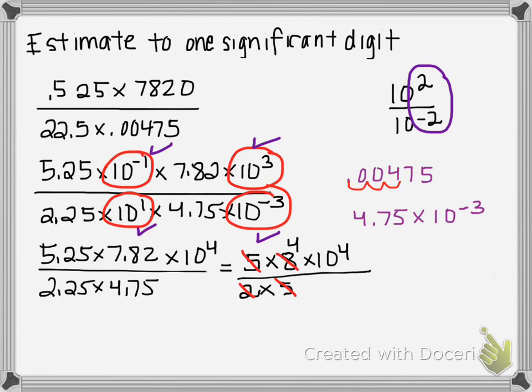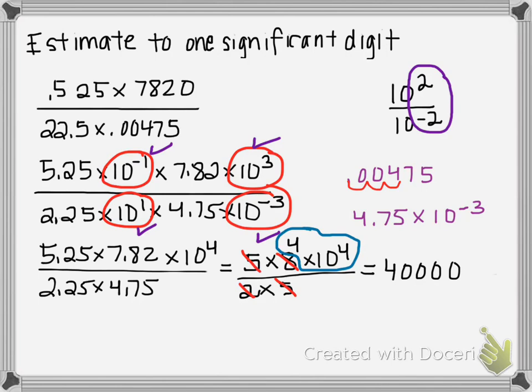So if you can read the numbers here, what I've got left is 4 times 10 to the 4th. Now, hopefully it's not too big of a leap when I say 10 to the 4th is 10,000, right? So that's 4 times 10,000, which is 40,000. And then just a little interesting side note here.